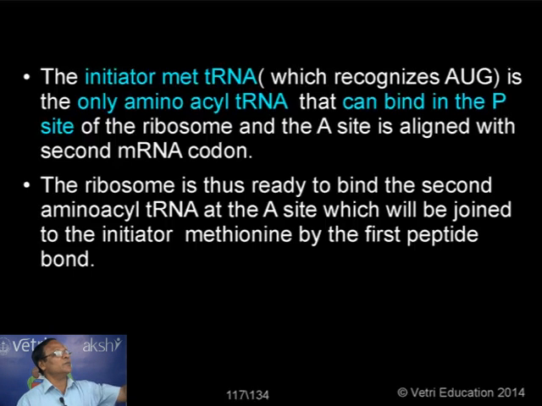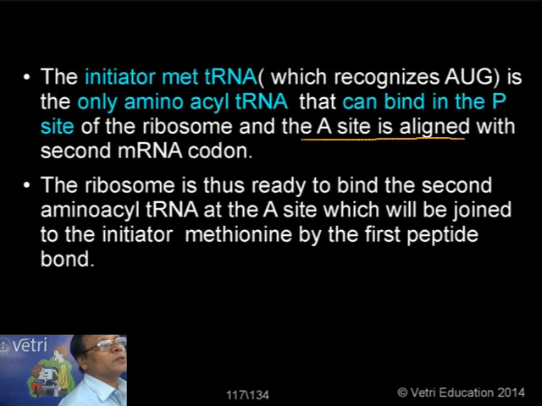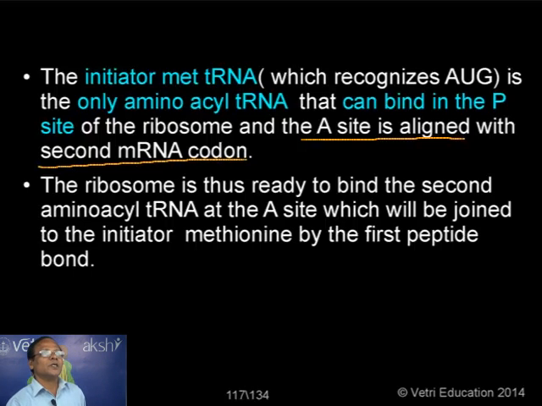So here the initiator methionyl tRNA, the one which recognizes AUG, is the only amino acid tRNA that can bind with the P site of the ribosome. And the A site is normally aligned with the second mRNA codon. So the first mRNA codon is normally found in the P site, and the second mRNA codon is found in the A site.